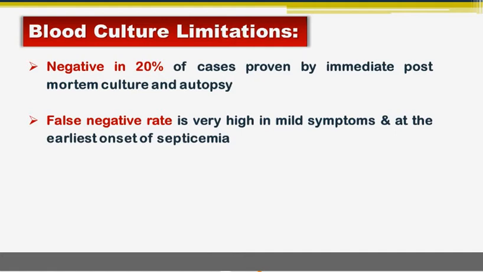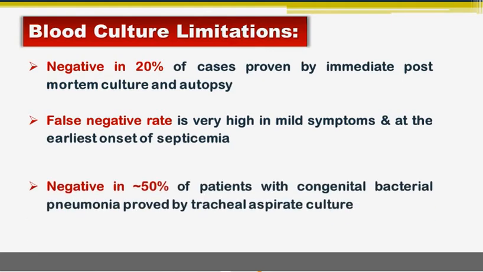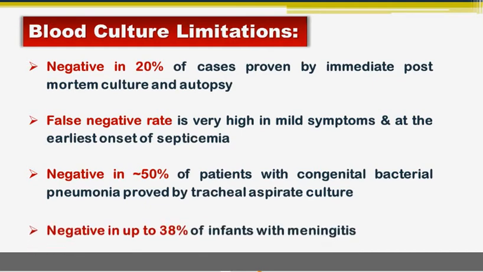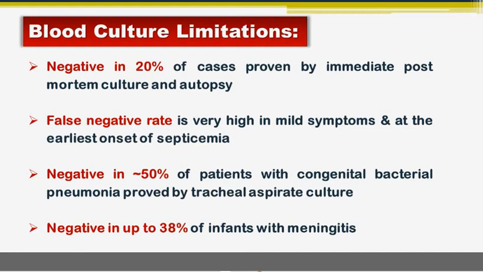In the mild cases or in the early onset of the disease, the PCR may be negative, but the person is infected. The blood culture may be negative in about 50% of patients with congenital bacterial pneumonia, as proven by the tracheal aspirate culture. And it may be negative in about 40% of infants with meningitis. So you have to know these limitations of blood culture.